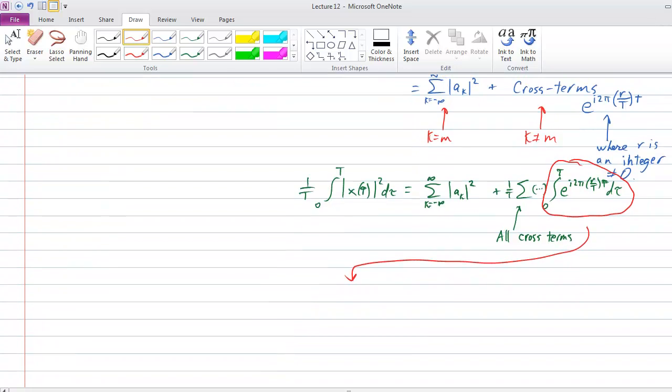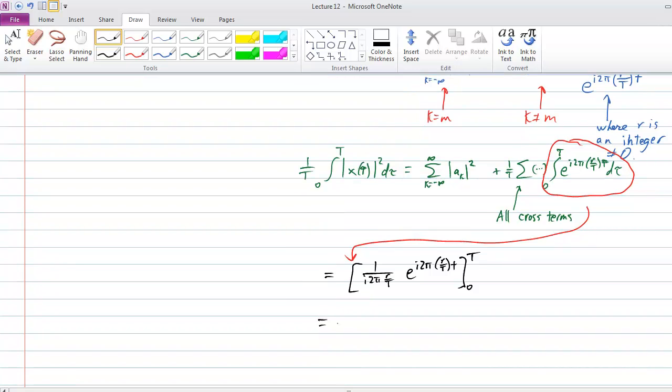Okay, so that equals 1 over i 2 pi r over T, evaluated from 0 to capital T, and then this is just going to be, pull this part out, T, and we're going to get an e to the i 2 pi r minus e to the 0.